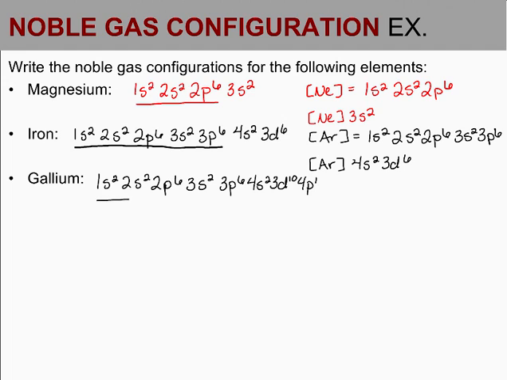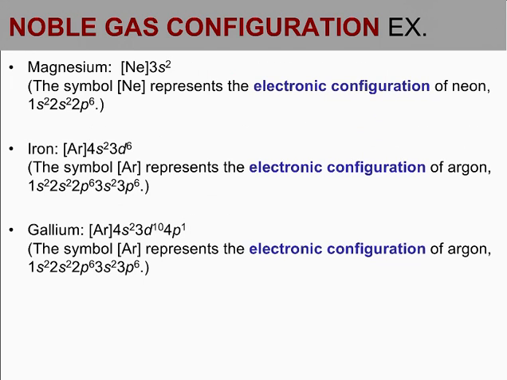Remember, again, argon completely fills in the 1s, the 2s, the 2p, the 3s, and the 3p subshells. So we can just substitute in argon, followed by 4s2, 3d10, 4p1. And that is much easier to write. Okay, so here is the solution slide for those three elements.